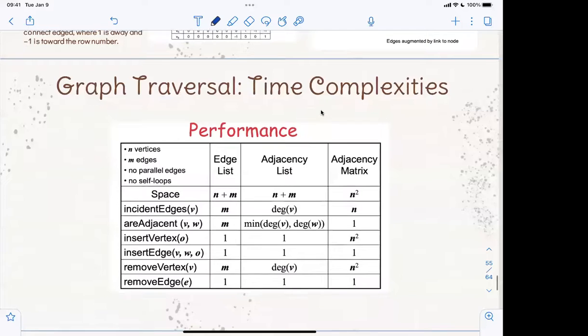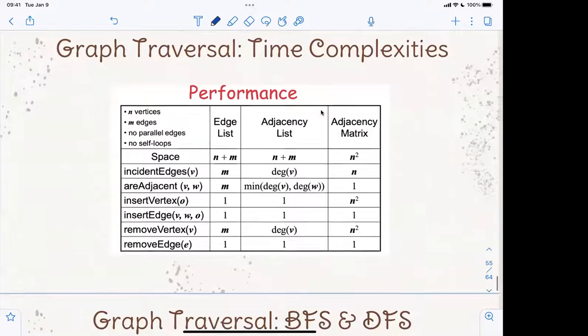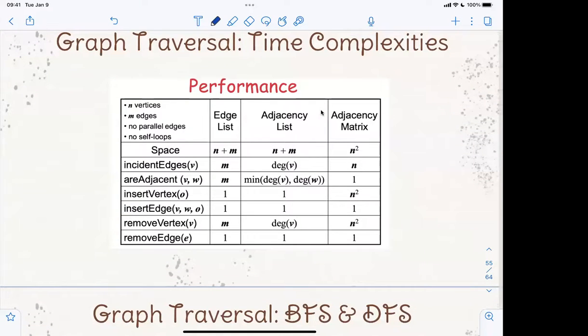But the space ones are pretty obvious to memorize since they store it depending on what's stored, whether it's edges or vertices, you know the space complexity. But in terms of inserting vertices or inserting edges, I wouldn't really recommend memorizing. Are there any questions regarding time complexities?